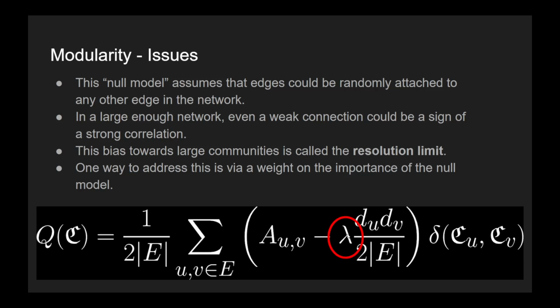So if you have a value of 2, that means the number of edges in your community must be greater than 2 times the number of expected edges. Otherwise, you'd have a negative value. It's not really useful in simply calculating the modularity metric.